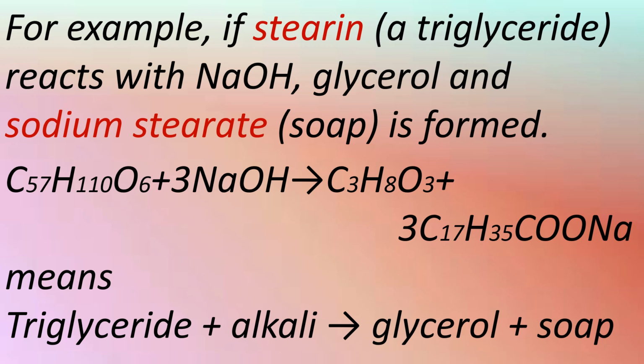When this triglyceride reacts with alkali, that is sodium hydroxide, glycerol and sodium stearate soap are formed. Glycerol, the 3-carbon compound containing 3 hydroxylic groups, and sodium stearate, a common soap. This reaction is saponification reaction.